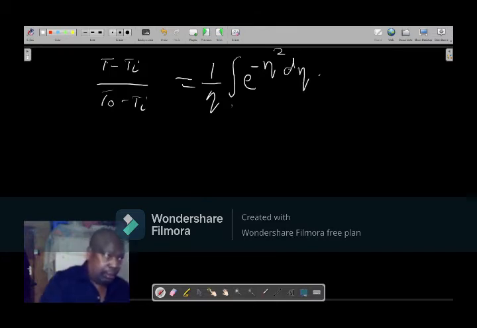So let us have a look at the Gaussian error function.